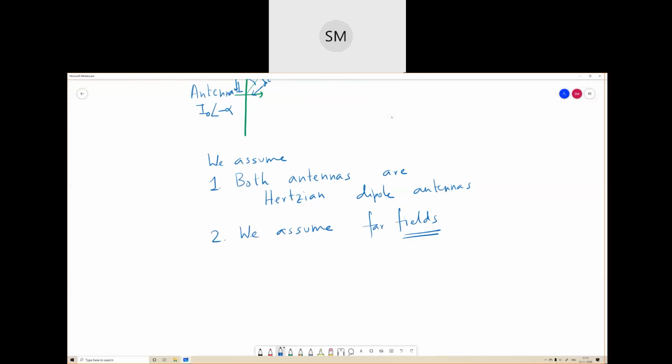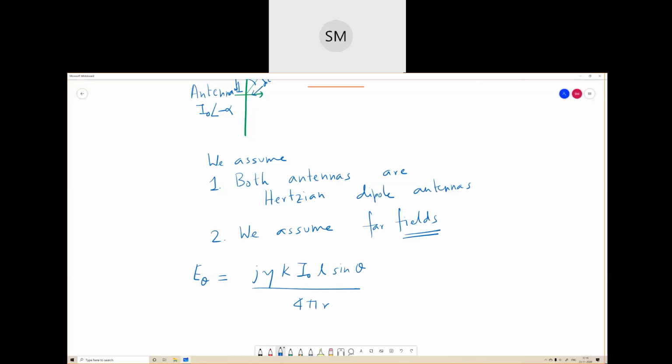E theta is j eta naught k I0 L sin theta by 4 pi r, where eta is 120 pi.